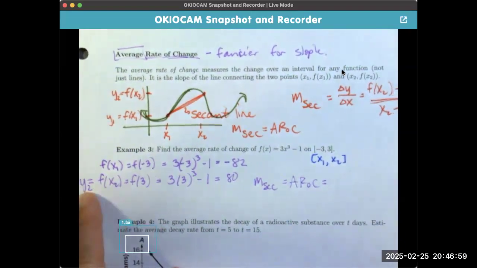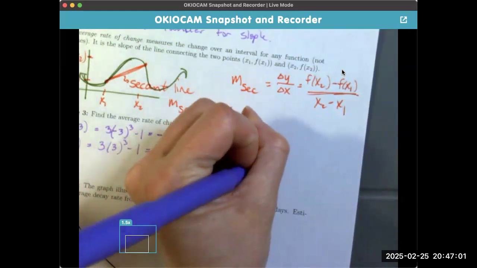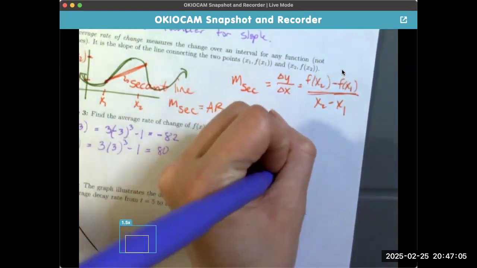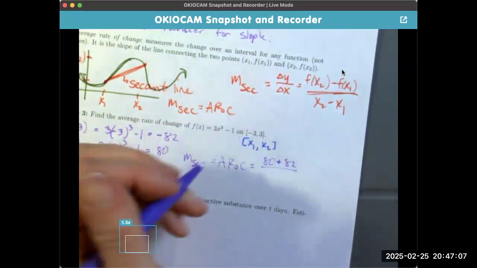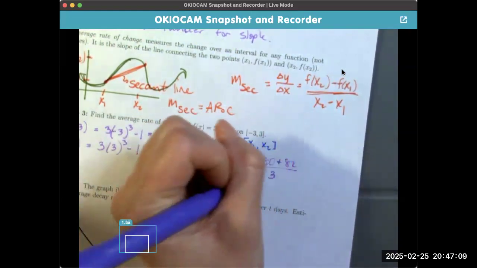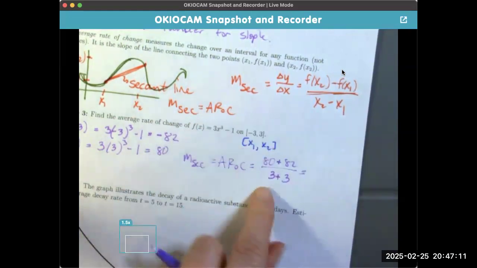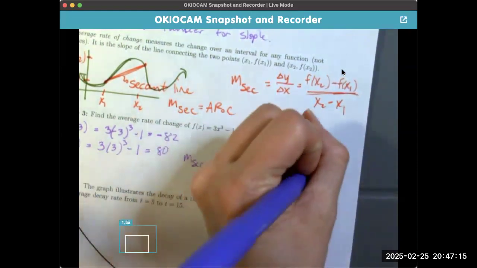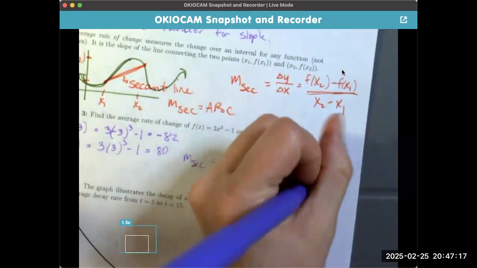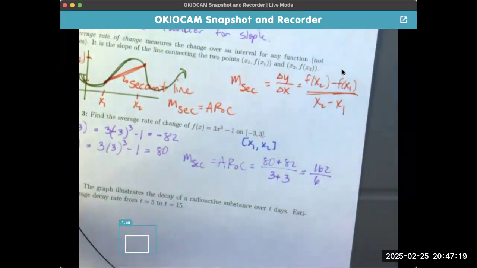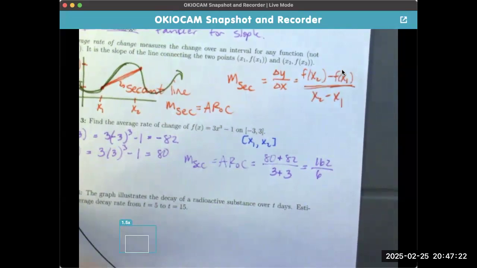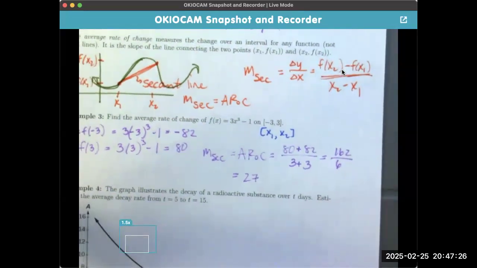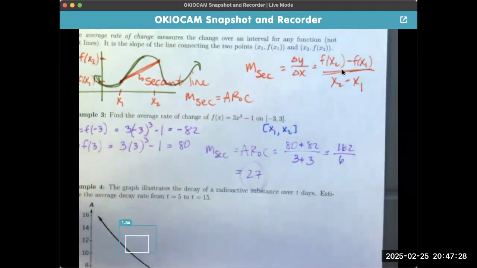So this is 80 minus -82, or plus 82, over 3 plus 3, because of the double negative. So 80 plus 82 is 162, divided by 6 is 27. I just popped that into my calculator. So the average rate of change for this is 27.